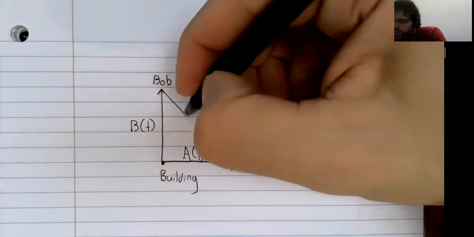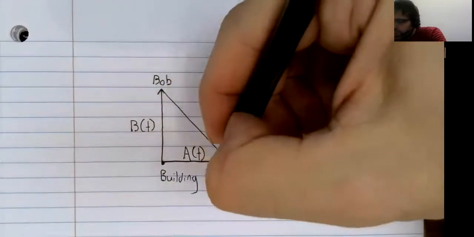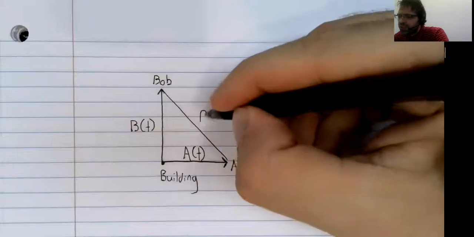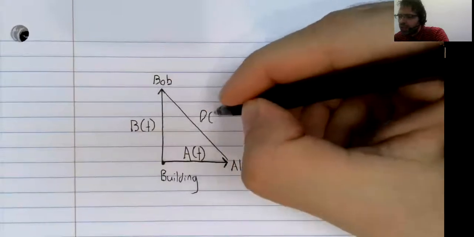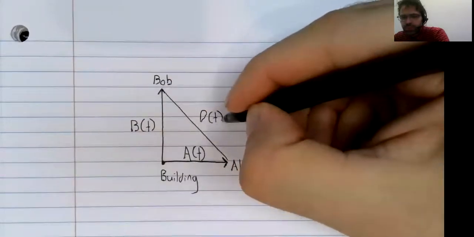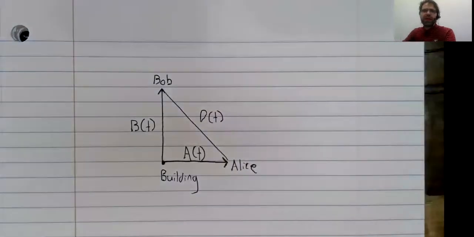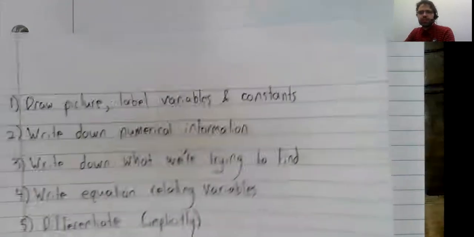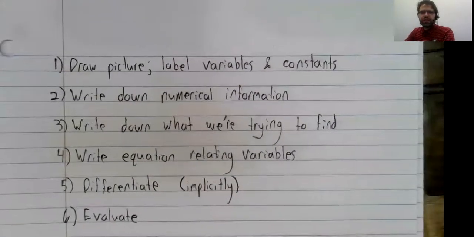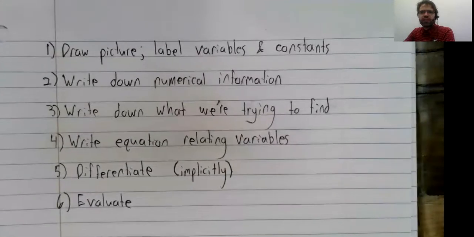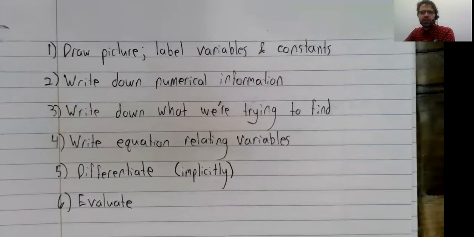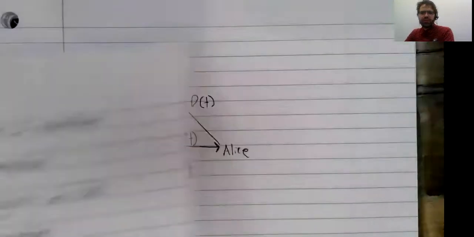So let's label their distance from each other as well. Now that we have a picture, write down numerical information.